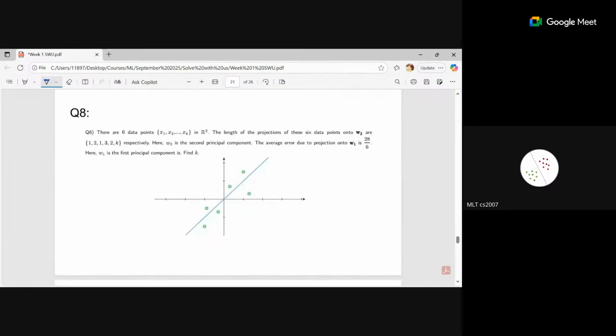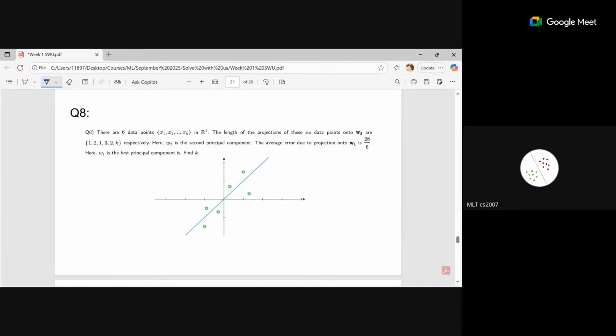So here, the question again, you have 6 data points. And now in this case, what is asked is the length of the projections of these 6 data points onto W2. So it means the second principal component that we're talking about. W2 is the second principal component.